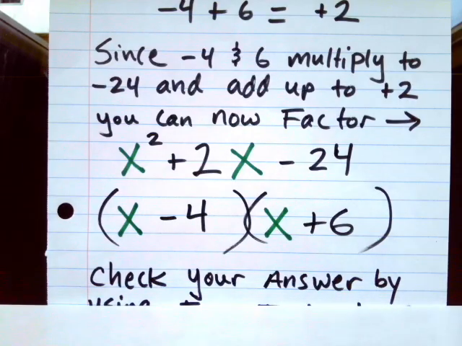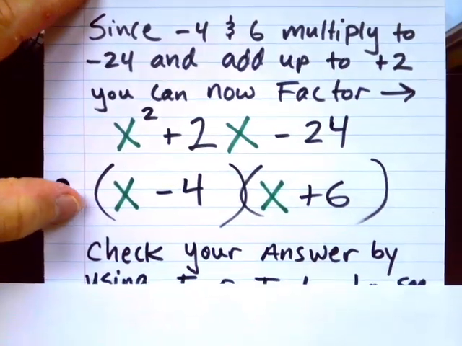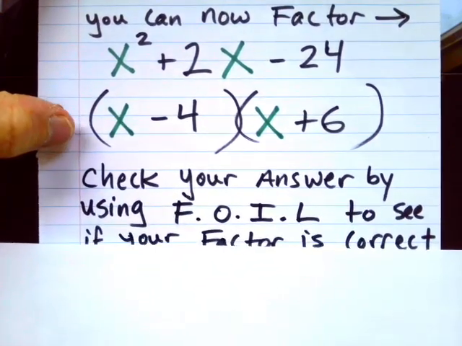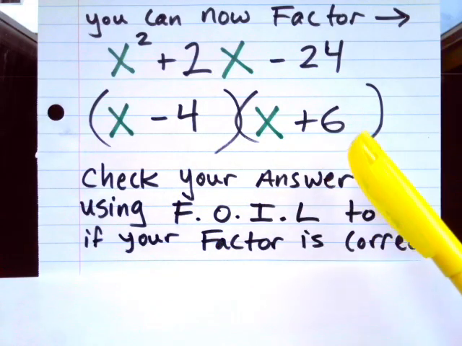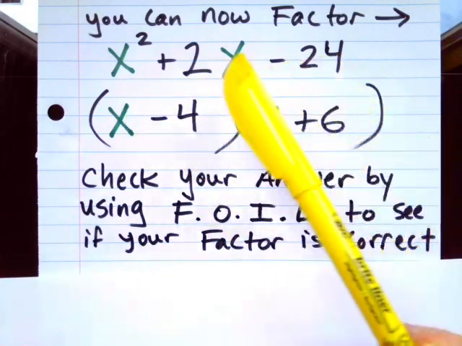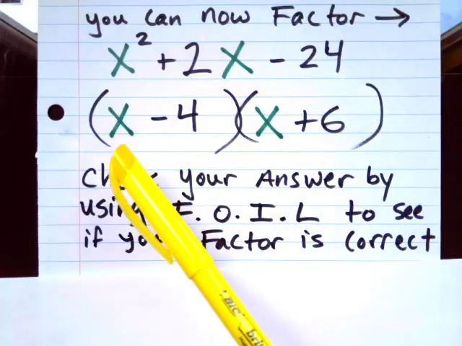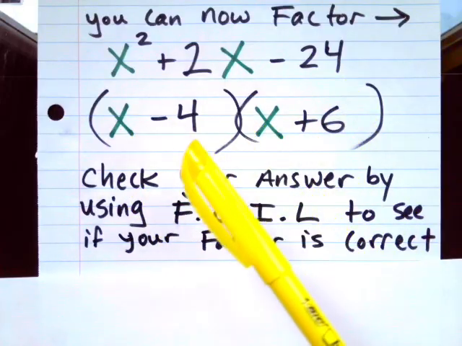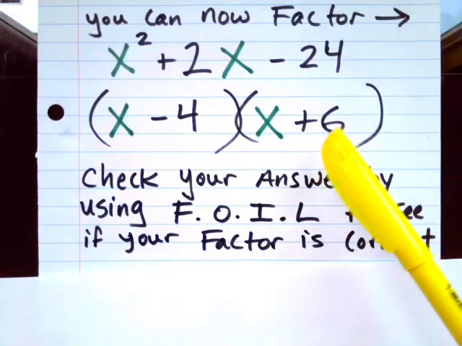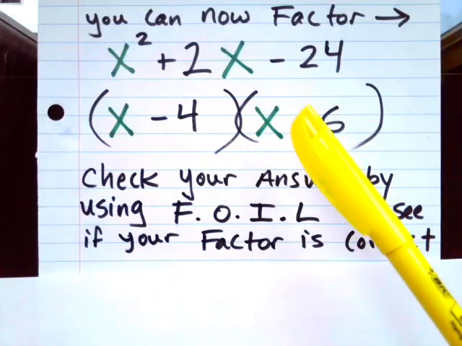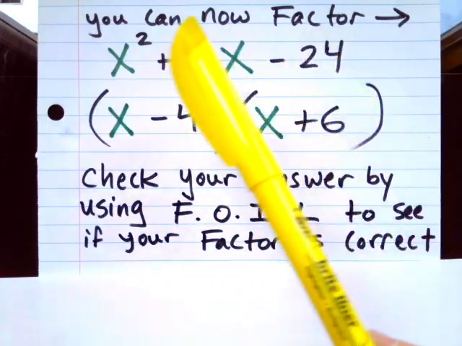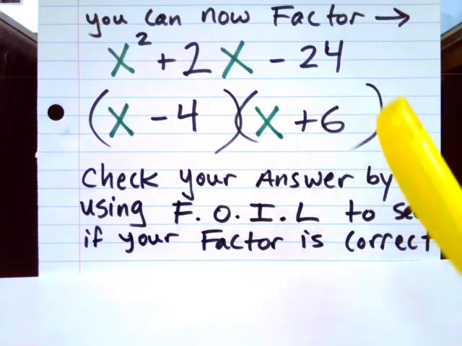So what you want to do is check your answers. You want to check your answers by using FOIL, first, outer, inner, last, to see if your factor is correct. If this is the correct factorization of the polynomial expression, then when you distribute or multiply the x times both of the terms, and the negative 4 times both of those terms, then after you combine like terms you will end up with the same exact expression.